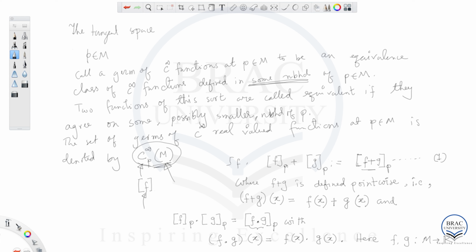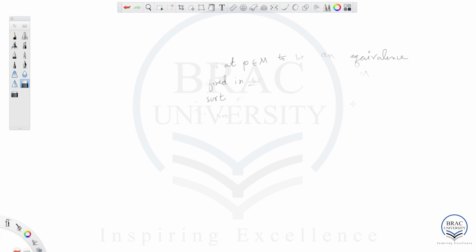I want you to check the well-definedness of this definition of addition. Let me do that for you. Let me check that this is indeed well defined. Let f be equivalent to f prime. What does that mean?